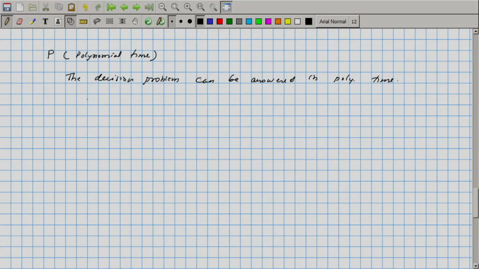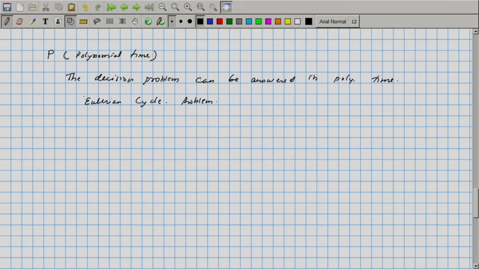In particular, if you look at the Eulerian cycle problem, the input is an arbitrary graph and we want to check if it contains an Eulerian cycle. There is an algorithm which will answer this question for every graph, and the algorithm's running time is bounded by a polynomial in the input size.